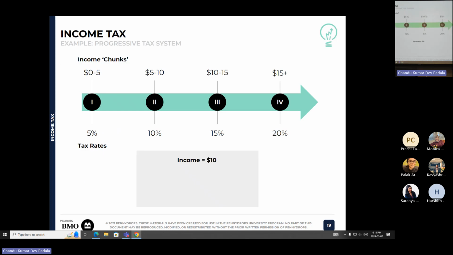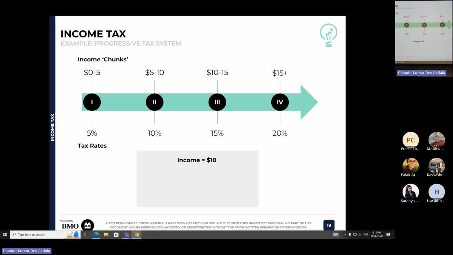Okay, so here's an example of how the progressive tax system works. In this example, we have $10 of income. Oops, sorry, I just showed the answer here. I don't know if you guys have calculators on you, but would anyone like to take a guess on how much tax you would pay in this example, progressive tax system, $10 of income? 10%?